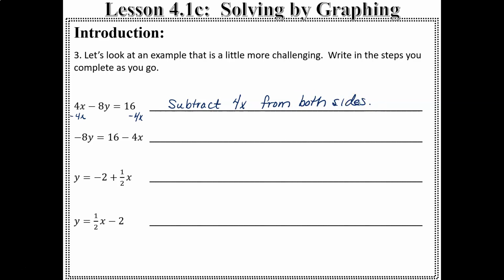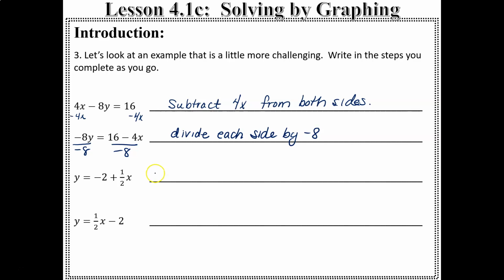So now we have negative 8y. So now we're going to divide each side by negative 8. When you do that, you have y equals negative 2 plus 1/2 x.